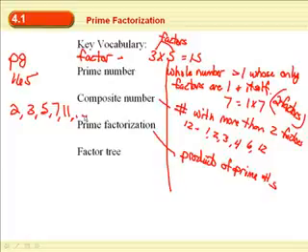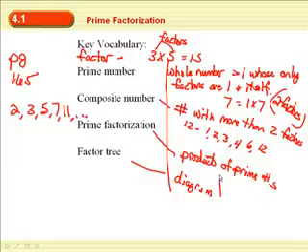prime numbers. Okay. So, a product of prime numbers, and we'll come back to that in a second. We'll talk about what that is. A factor tree is a method. It's a diagram. My pen won't write.